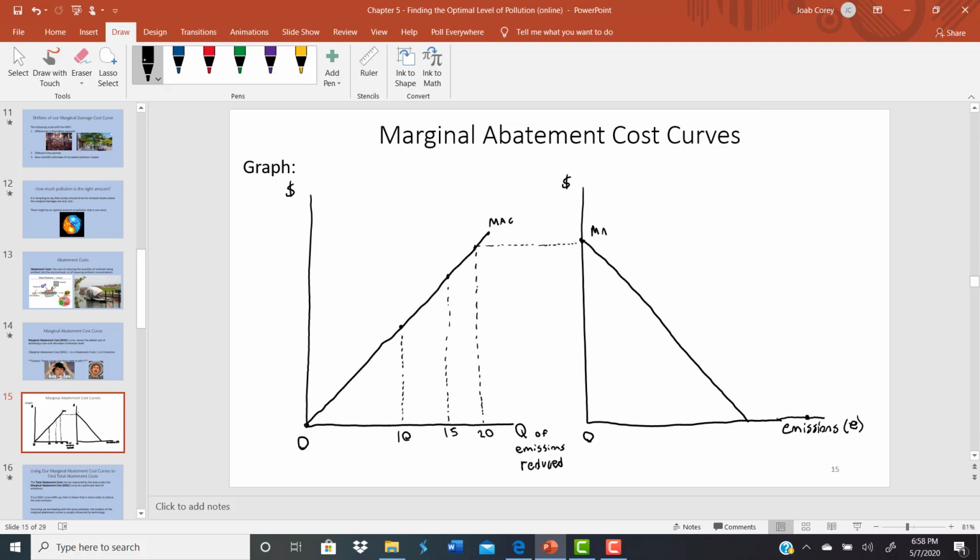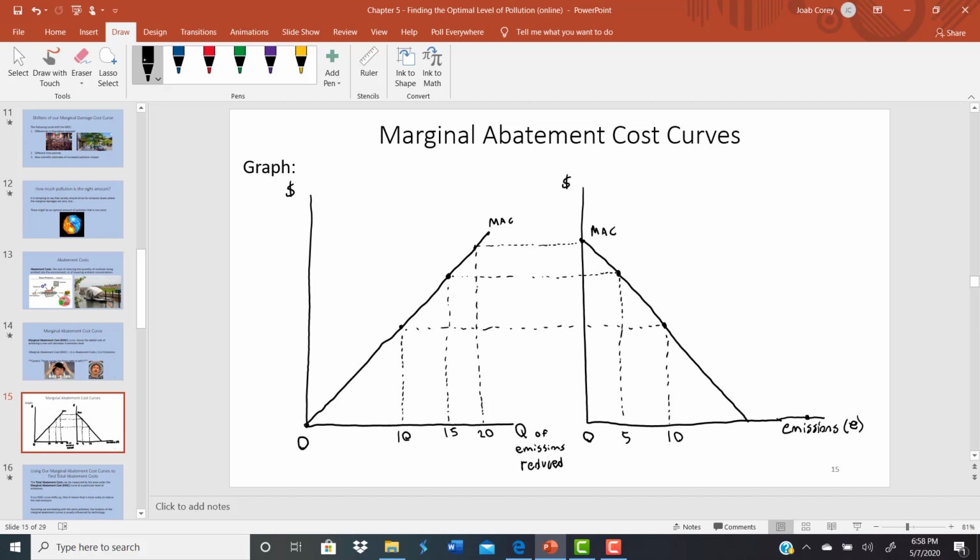So with that in mind, here where we reduced a total of 15 emissions out of the 20 possible, if we take away 15 emissions out of the 20 possible, that means that we are left with 5. And if we take away 10 emissions out of the 20 possible, then we're going to be left with 10.